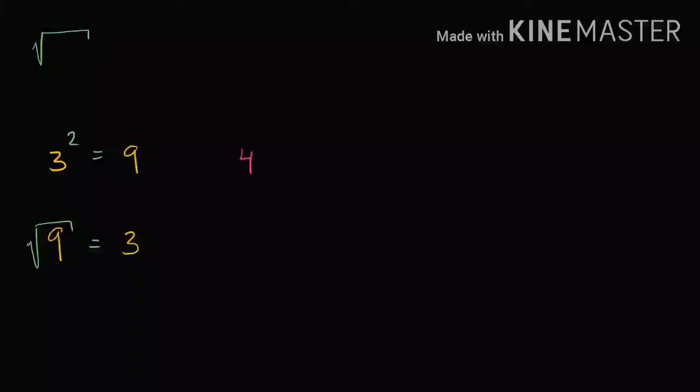I can write 4 squared is equal to 16. Well, what's the square root of 16 going to be? It's going to be equal to 4. Let me do it again, and actually, let me start with the square root. What is the square root of 25 going to be?